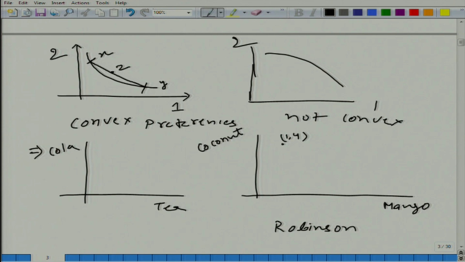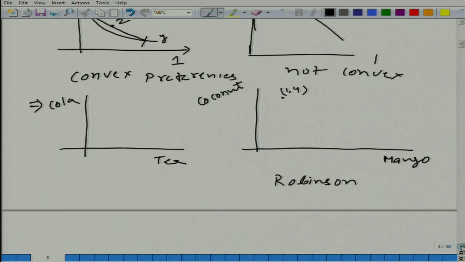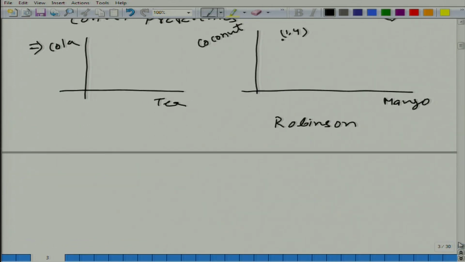Now let's say that suddenly Robinson finds someone selling mango on this island, and since there is no other good available on this island, the only thing you can do is barter. You can give some mango and take coconut back for those mangoes, or give some coconut and take mango back.